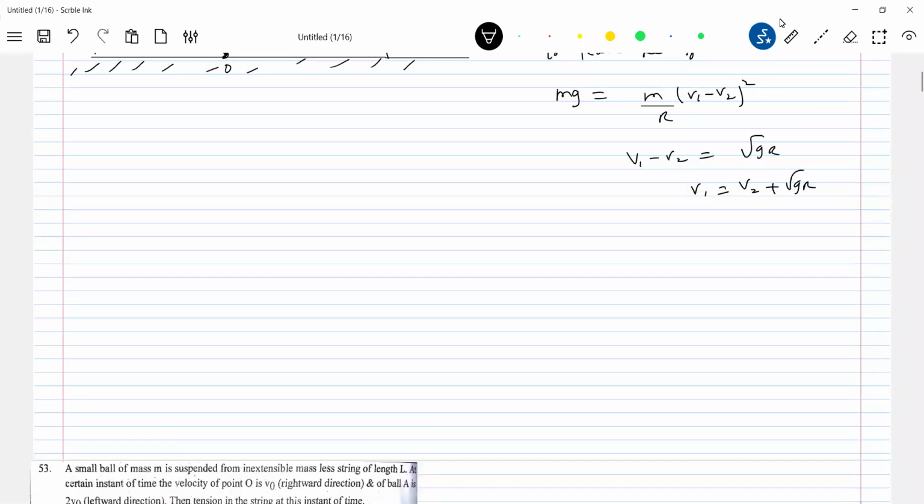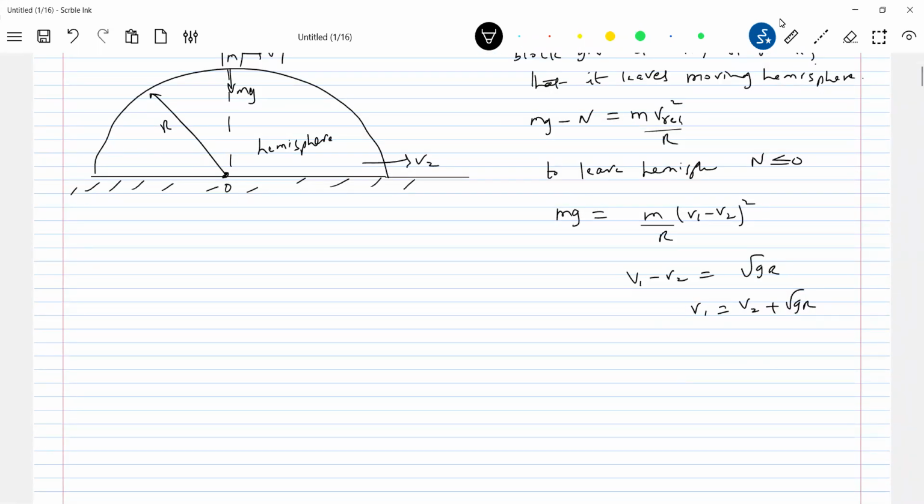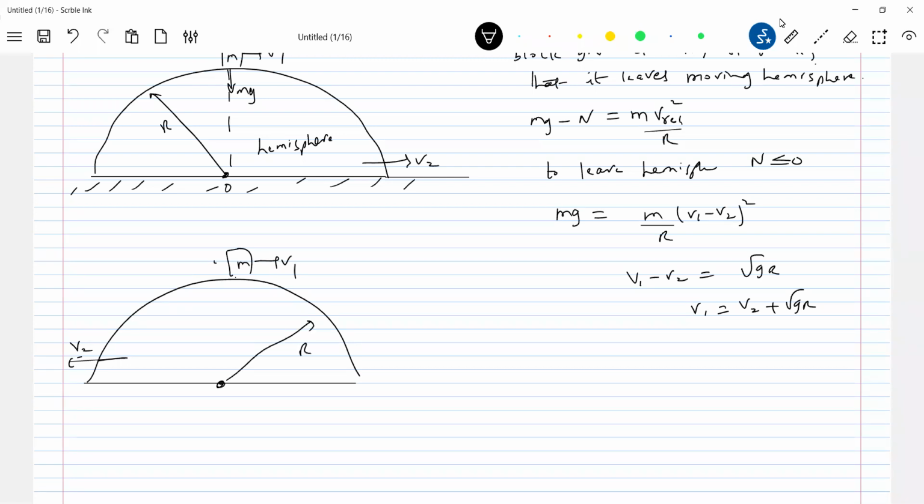Okay, similarly, here only let me write one more. Here v1, the velocity of the hemisphere is v2. What is the condition to leave this? So in this case, it will be v1 minus of minus v2, no?